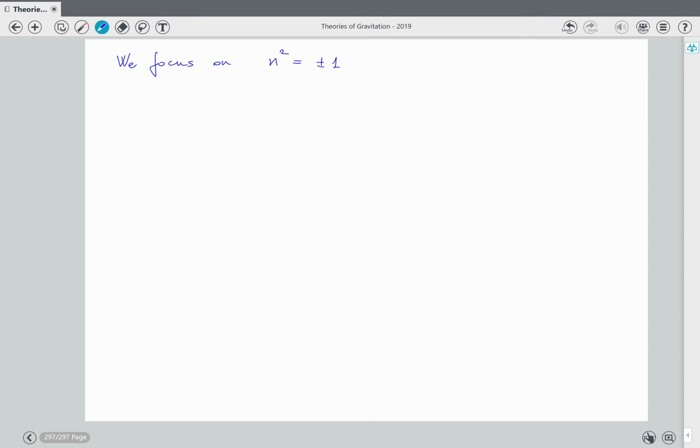So now we have this vector n, and so we can define a new basis for the tangent space, which is n, v1, v2, v3. So v0 is replaced by n.